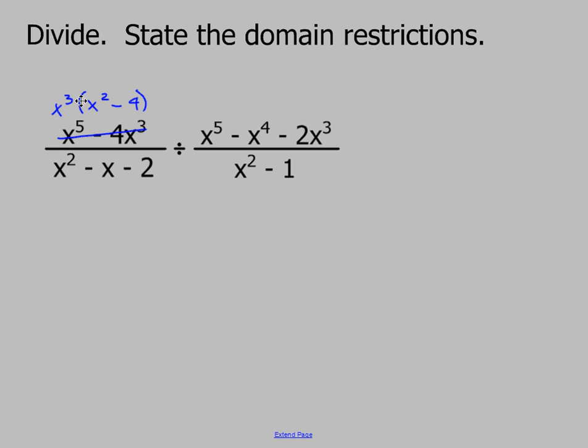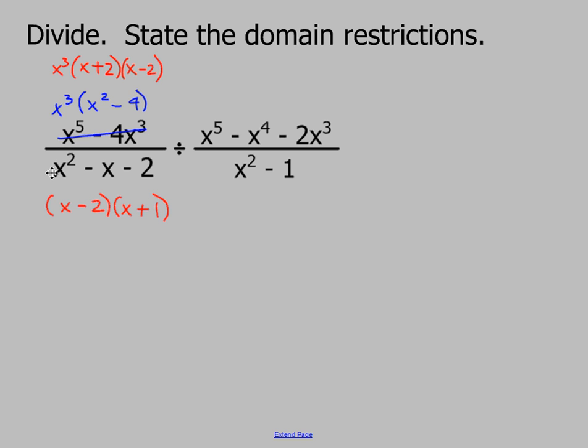But this is not completely factored yet. So I still have my x to the third, but this is a difference of perfect squares. So that's going to factor into x plus 2 and x minus 2. This one is going to factor into x minus 2 times x plus 1.